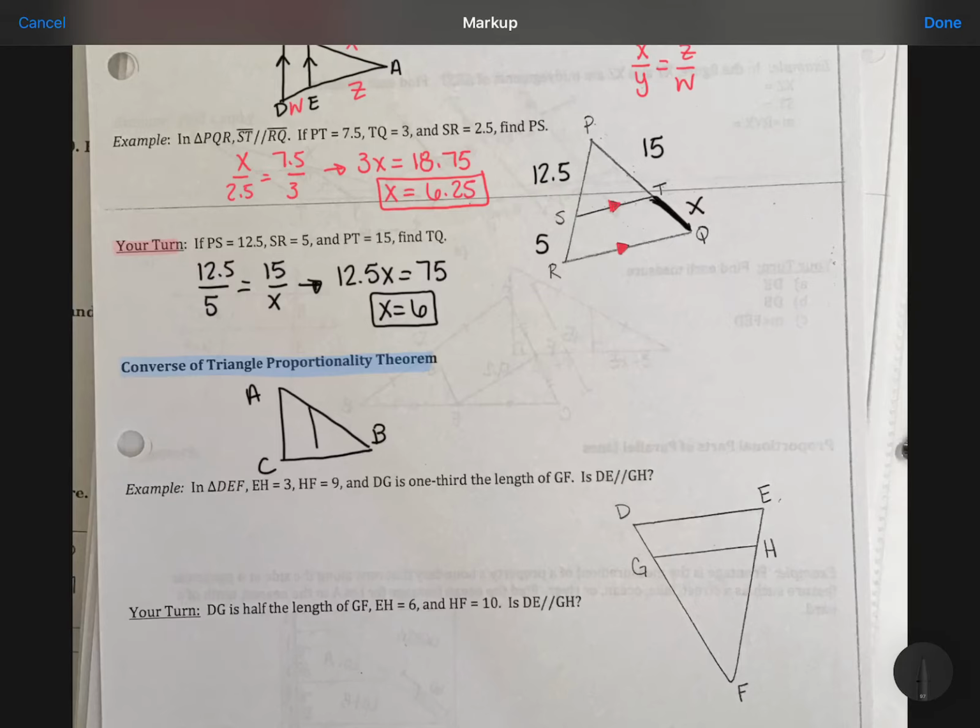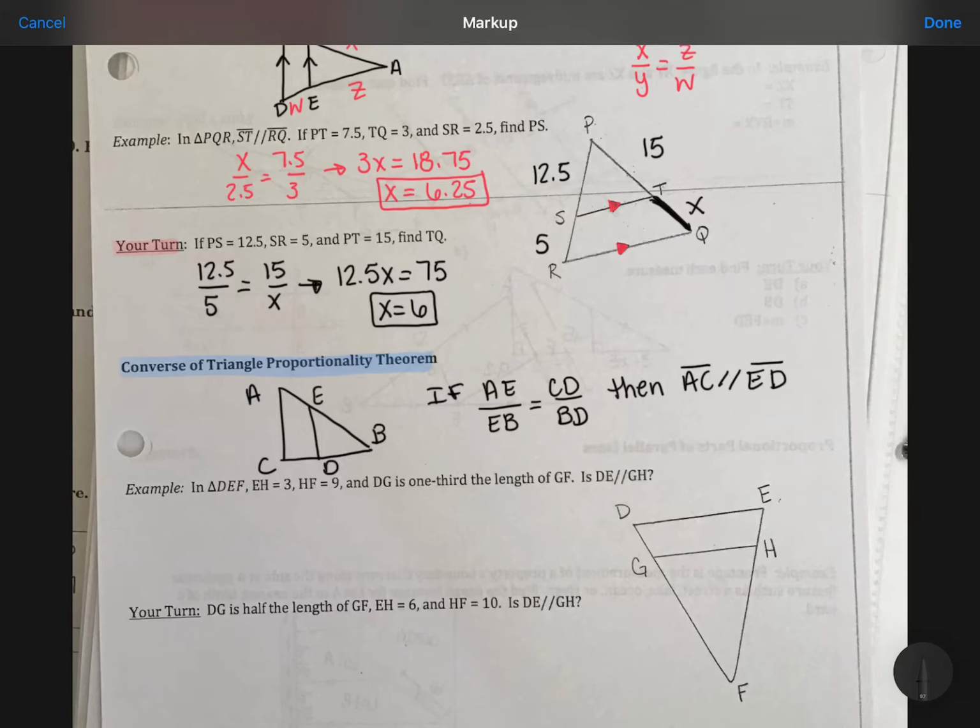And then I have ED, it's a segment inside that triangle. And if I know that AE corresponds to EB, and that equals CD over BD, then I can say that AC is parallel to ED.